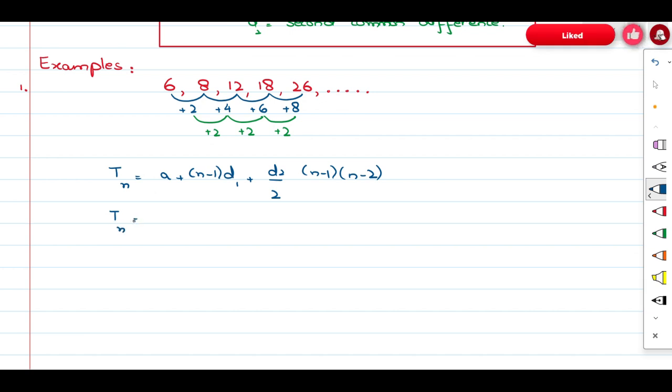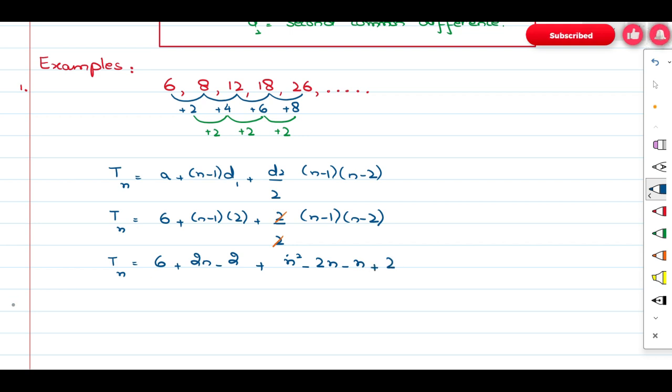Now let me solve for its nth term. Tn: the first term a is 6, plus (n minus 1) times d1, the first common difference, which is 2, plus d2, the second common difference, which is 2, divided by 2, times (n minus 1) times (n minus 2). Now we can cancel 2 with 2 and simplify further. So Tn equals 6 plus 2 times (n minus 2)... n times n is n square, n times minus 2 is minus 2n, minus 1 times n is minus n, and minus 1 times minus 2 is plus 2.